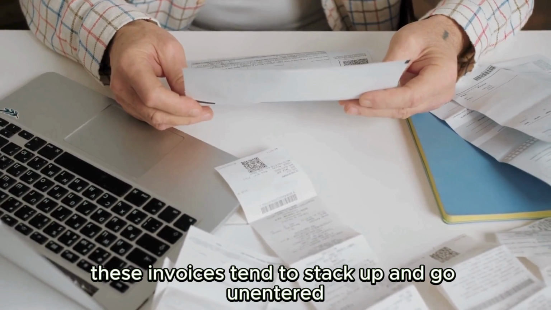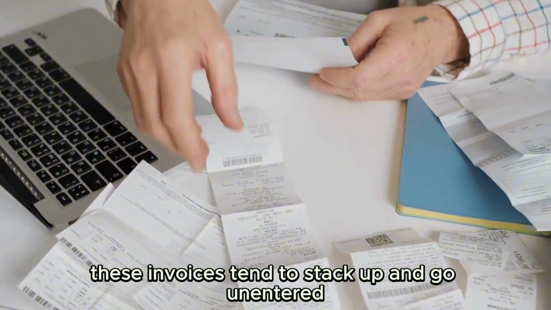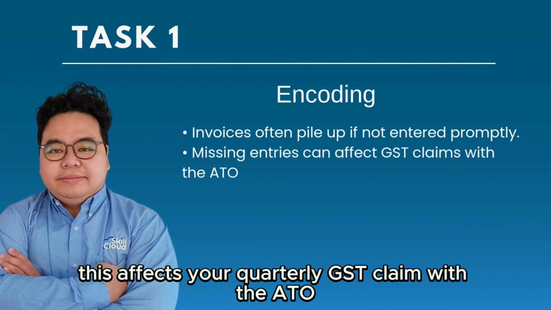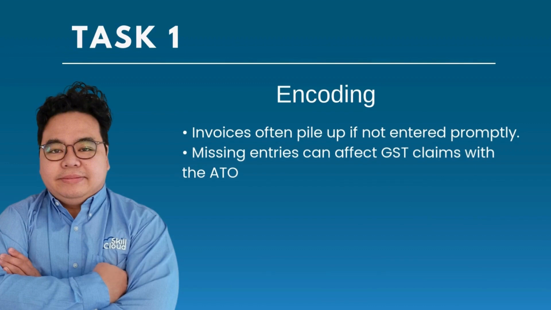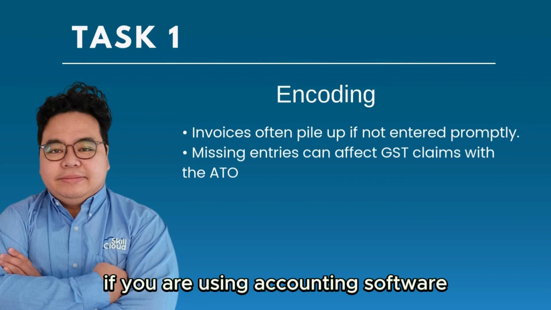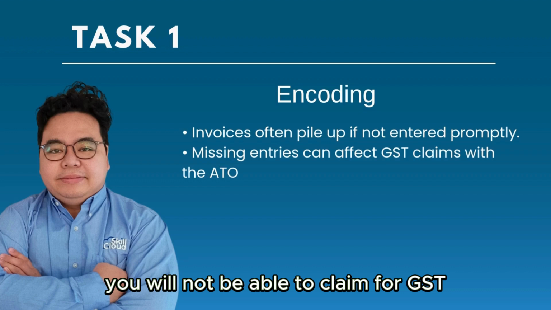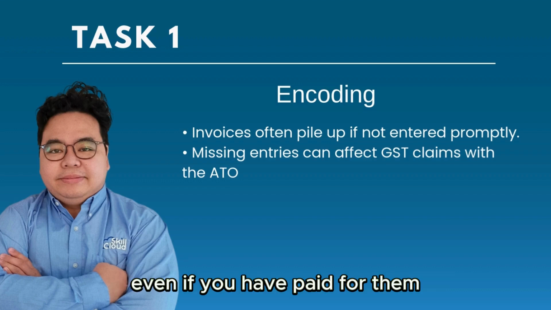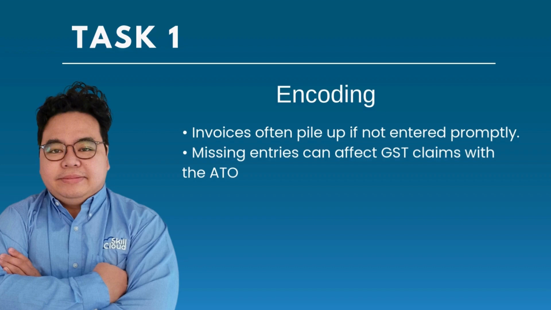Over time, these invoices tend to stack up and go unentered. This affects your quarterly GST claim with the ATO. If you are using accounting software, you will not be able to claim for GST if those bills are not entered, even if you have paid for them. Therefore, they need to be entered.